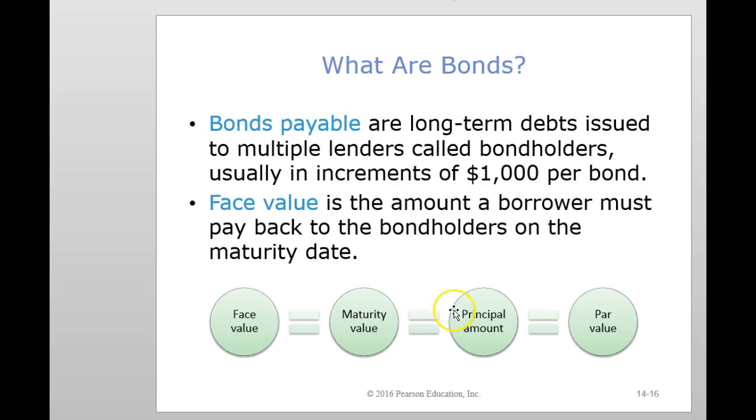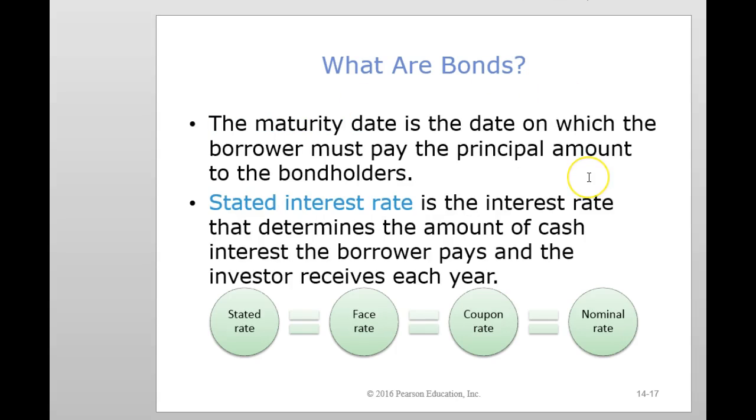This will also be the principal amount, and it's also called the par value. So on the next screen, the maturity date is the date at which the borrower is going to pay the principal amount to the bondholders.